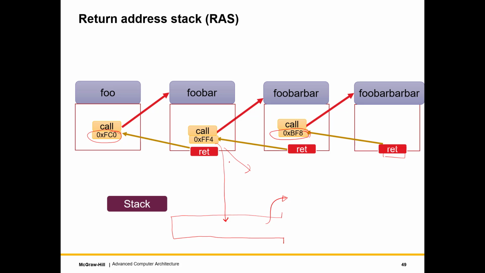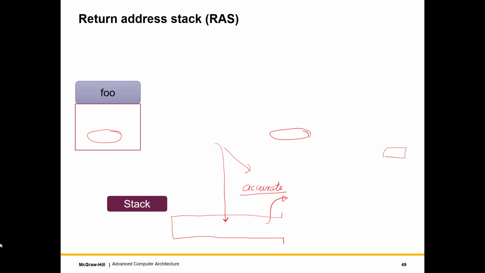So in this way, instead of using a BTB, which is kind of inaccurate, we have a far more accurate solution of operating the function calls and returns. All that we need is a small stack in hardware that simply stacks the return addresses, as we just saw. Let me replay the animation for you.